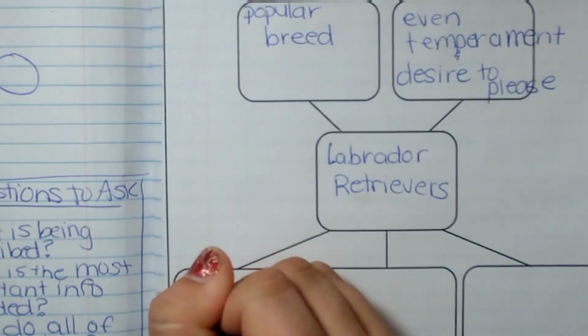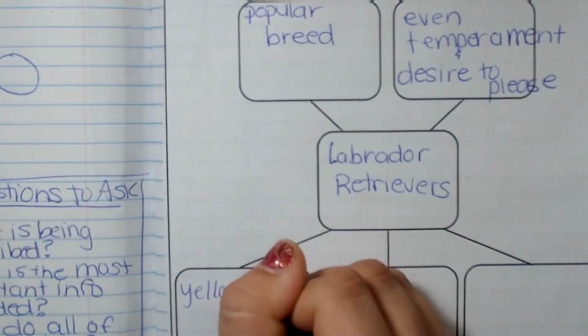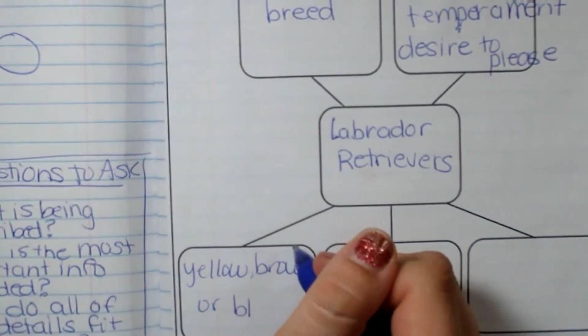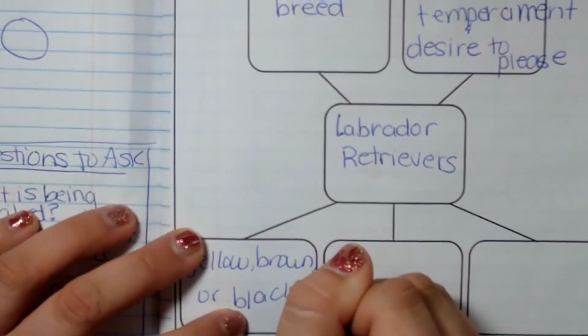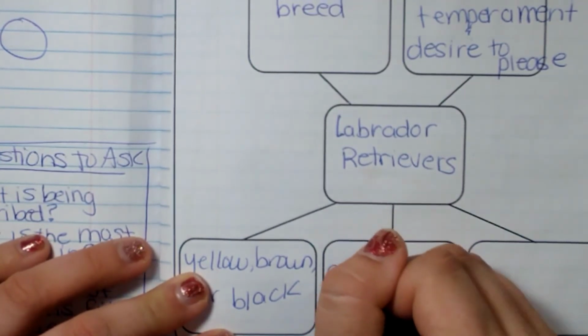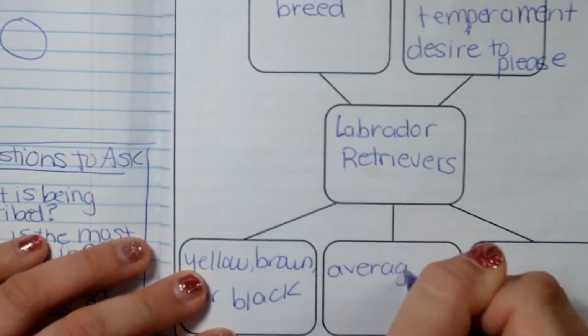They can be yellow, brown, or black. Average weight of 65 pounds.